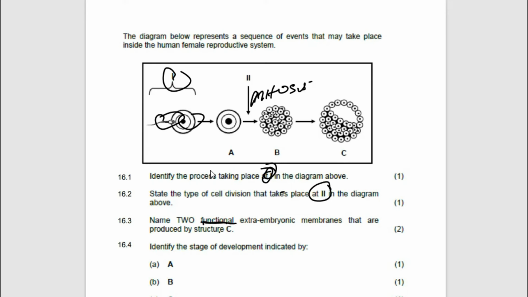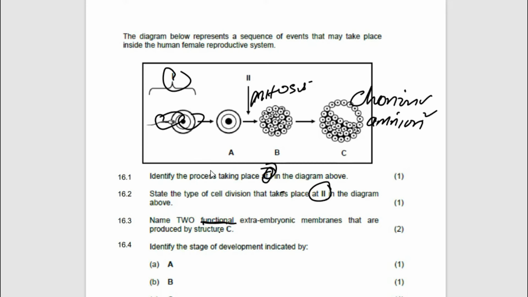We have 4 extraembryonic membranes: the chorion, allantois, yolk sac, and amnion. But in this case, in humans, we only have the chorion and the amnion.